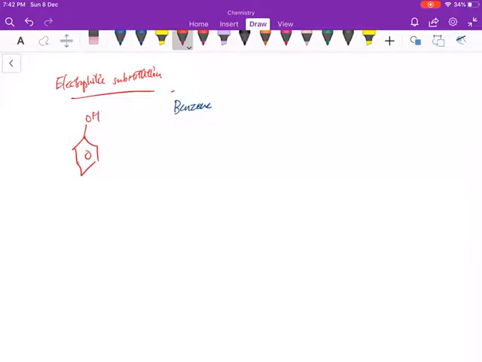So let's say that now we've got nitric acid. It undergoes electrophilic substitution, and this forms something like that, and it forms something like that.